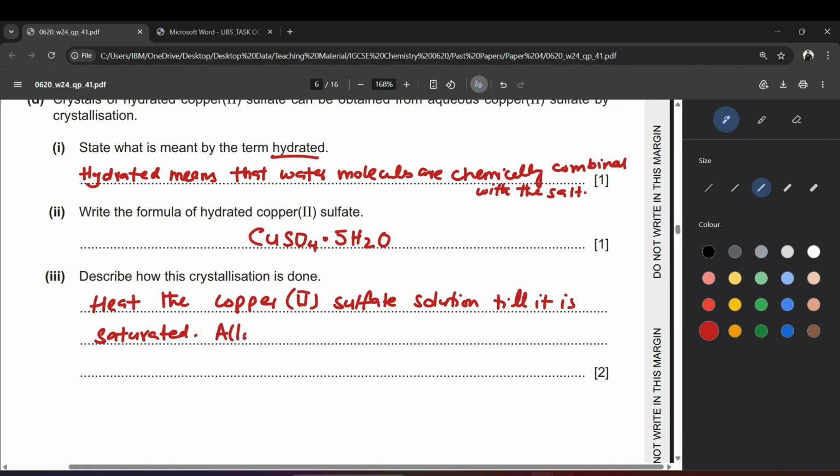Then the second step will be allow it to cool, and hence it starts crystallizing.